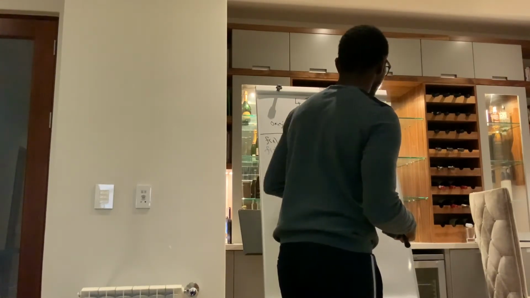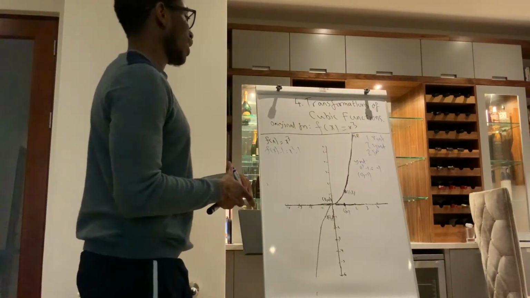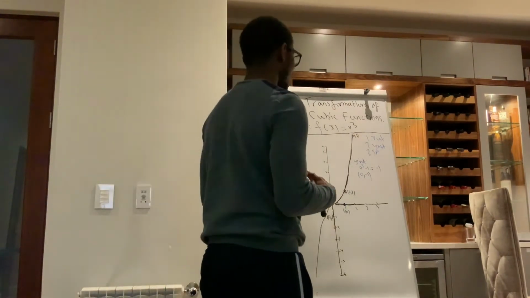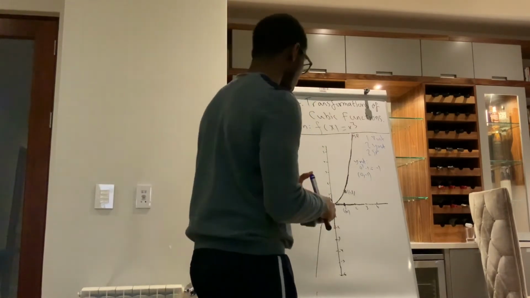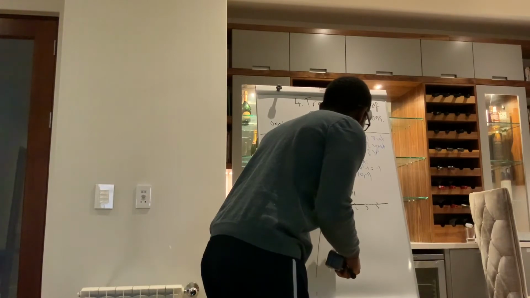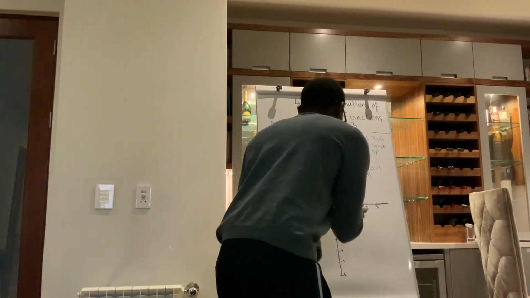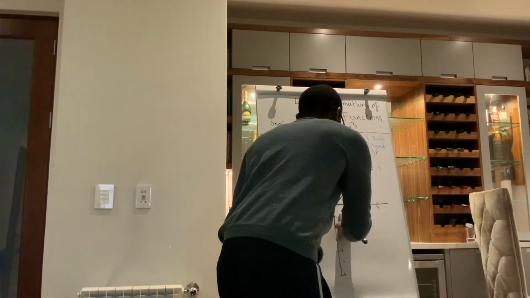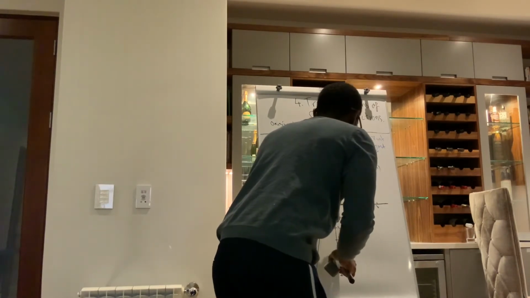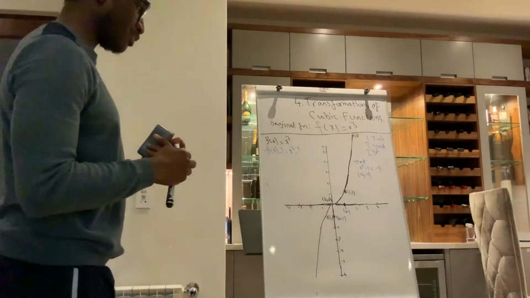In other words, the curve cuts the y-axis at 0, negative 1. So over here will be our y-intercept. I'll just put that as y int. I'll just label it as 0, -1.